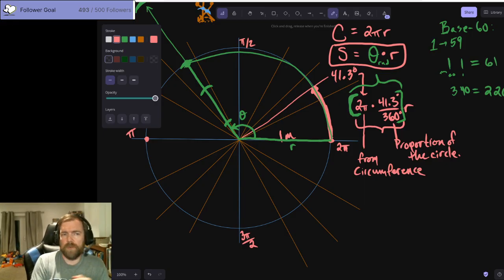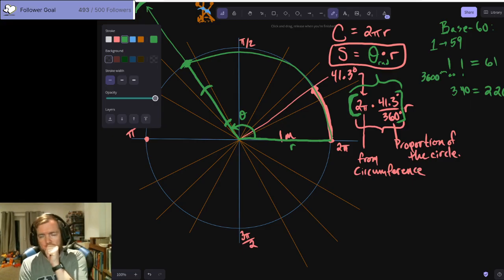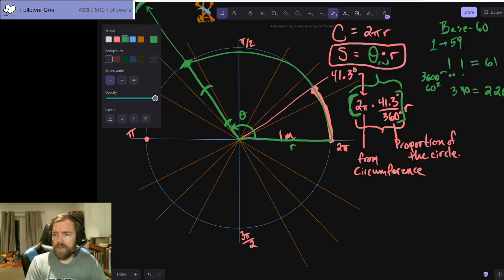My point here really was that the Babylonian system is effectively arbitrary. Why did they use these? Because it's just the powers of 60.